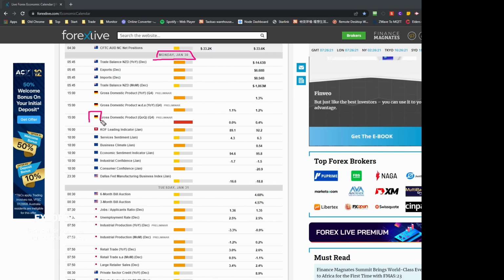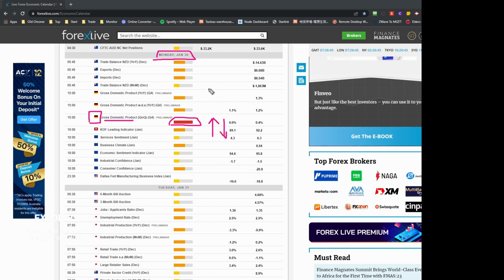This is Germany GDP, the main economy in the Euro zone, and depending on the result for Germany, it will affect the Euro to go up or down, obviously.